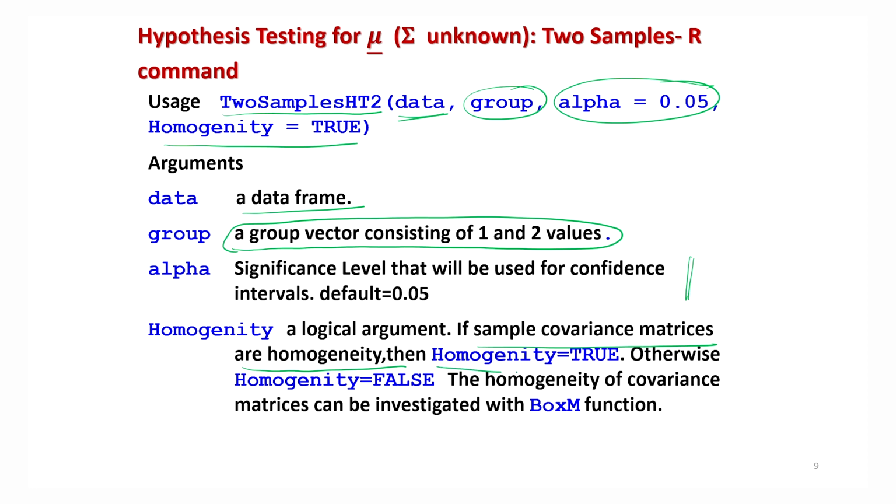So we have to use here homogeneity equal to true, and if you use homogeneity equal to false, then that is the case where the covariance matrices of the populations are unequal, and in that case first you have to conduct another test. The homogeneity of covariance matrices can be investigated using the Box M function. Well, I'm not going to discuss it here, but if you wish you can do it.